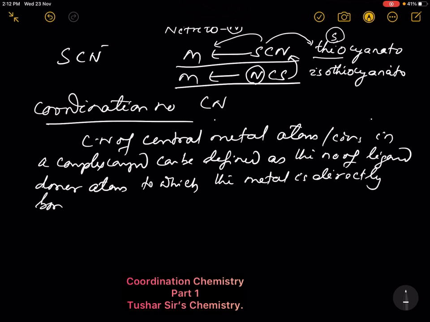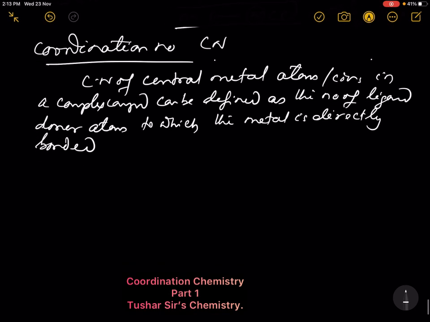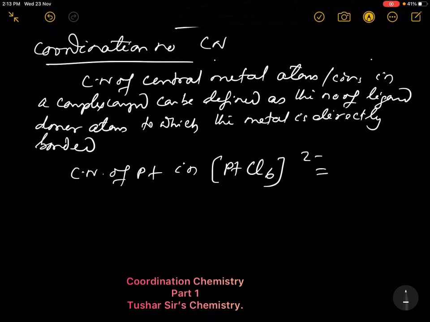Coordination number of Pt in [PtCl6]2- is 6, because 6 chloride ions or ligands are bonded to the central Pt. So the coordination number of Pt is equal to 6.